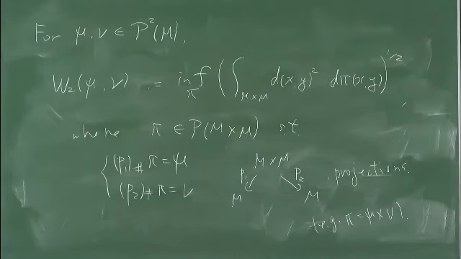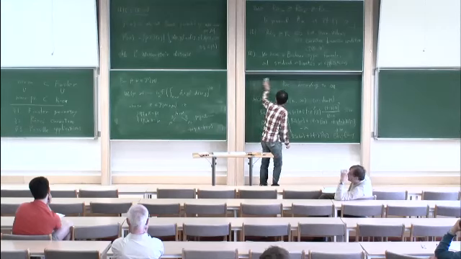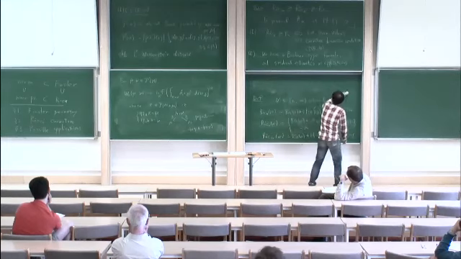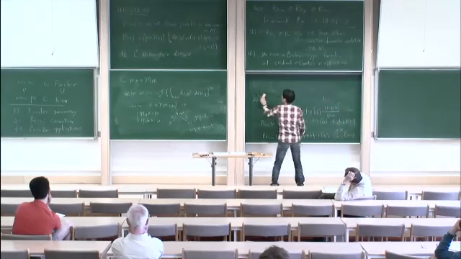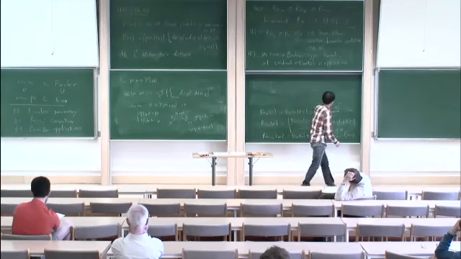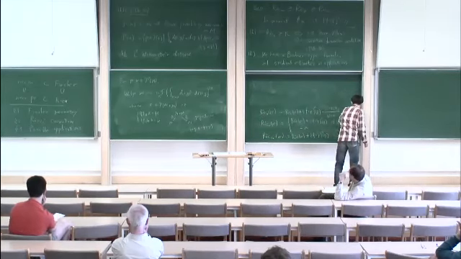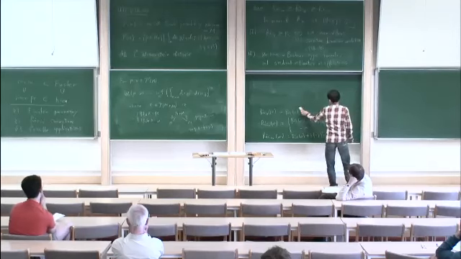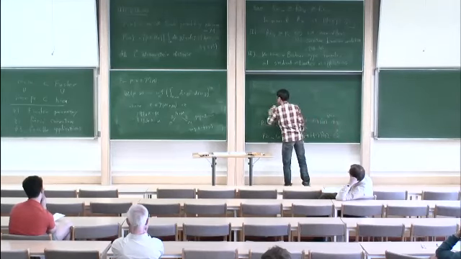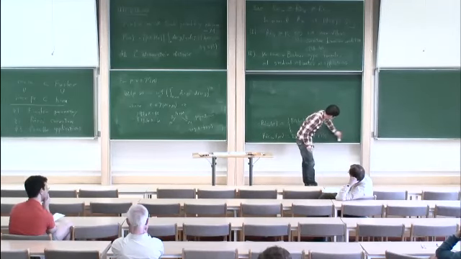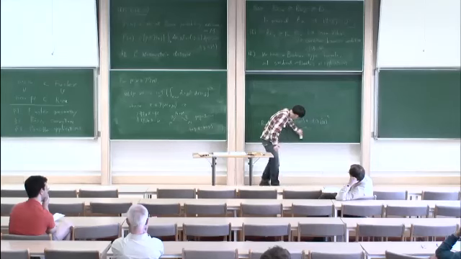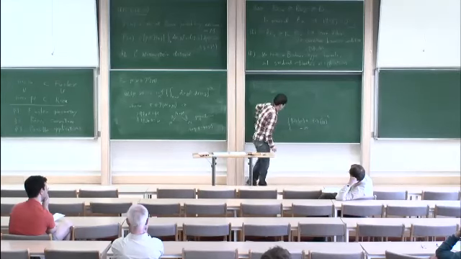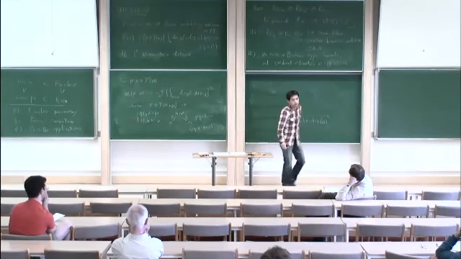Okay. And then the curvature-dimension condition is the convexity of the entropy function in this space. Is this distance symmetric or not symmetric?